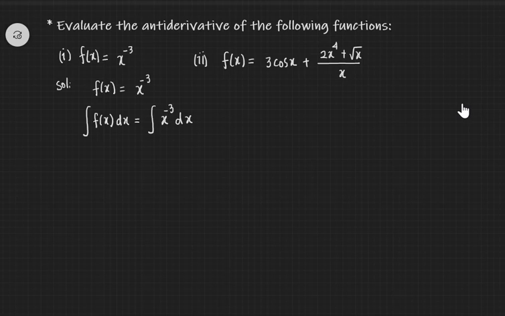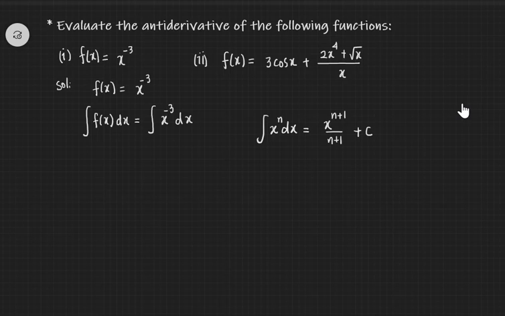Now we will use the formula for the integral of the power function, which is the integral of x power n dx, and that is evaluated as x power n plus 1 divided by n plus 1 plus c, which is considered the constant of integration.